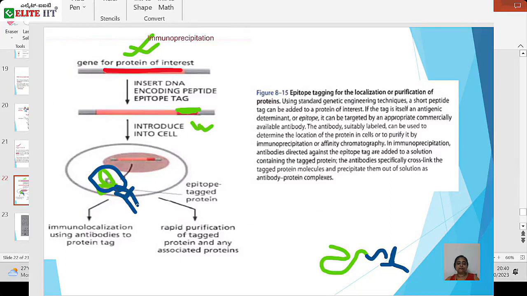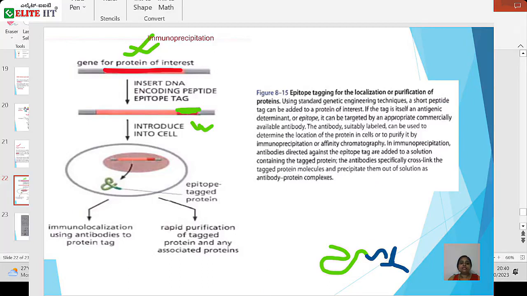So the antigen of interest is precipitated through the epitope added before the precipitation. You are just making an artificial tag and then doing the precipitation, nothing else. The antibody is not developed against the full antigen of interest. Clear?